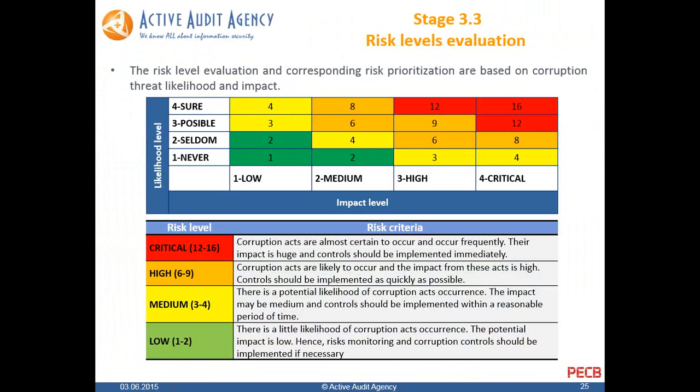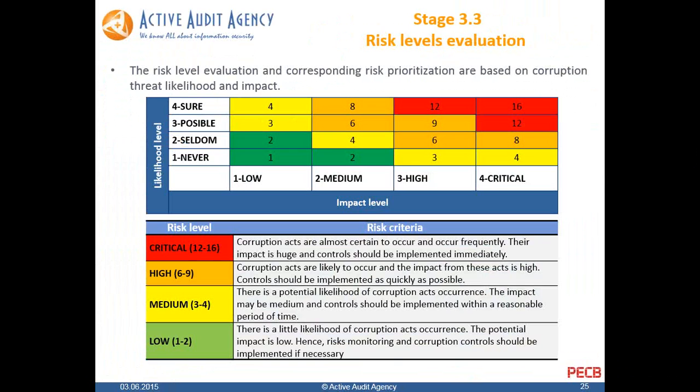The impact is huge and controls should be implemented immediately. High: corruption and fraud acts are likely to occur and the impact from these acts is high. Controls should be implemented as quickly as possible. Medium: the impact may be medium and controls should be implemented within a reasonable period of time. And low: risk monitoring, or corruption and fraud controls should be implemented if necessary.